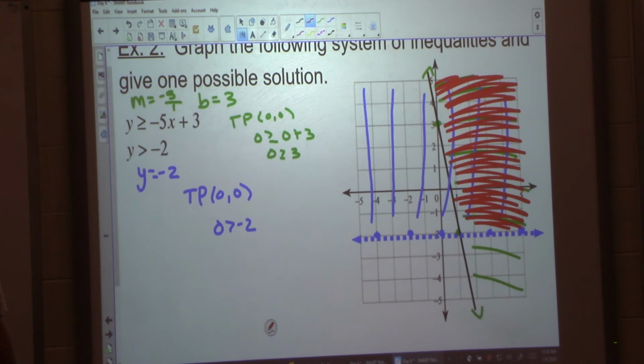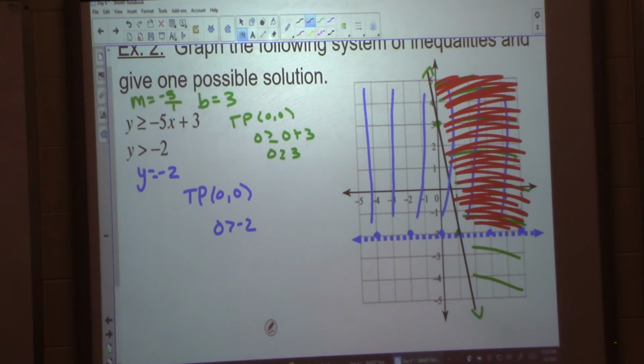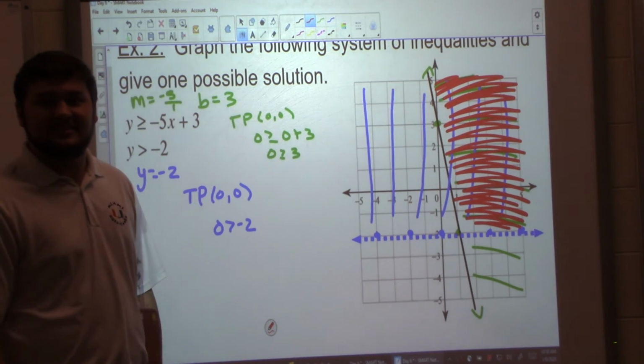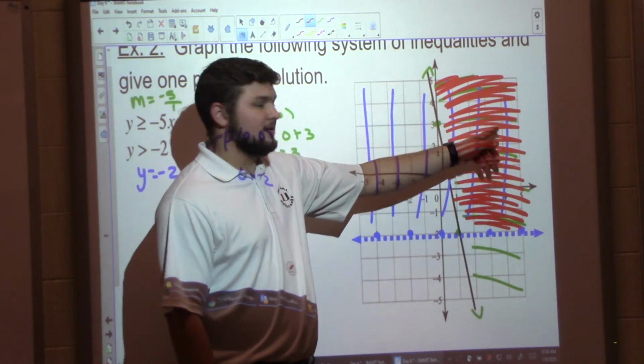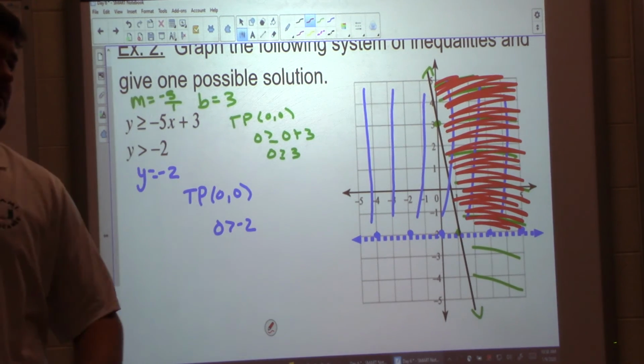I need Bailey to give me one possible solution for that graph, one where they're both shaded. 3 and 3. Perfect. Anything in that double shaded region will work. Any questions?